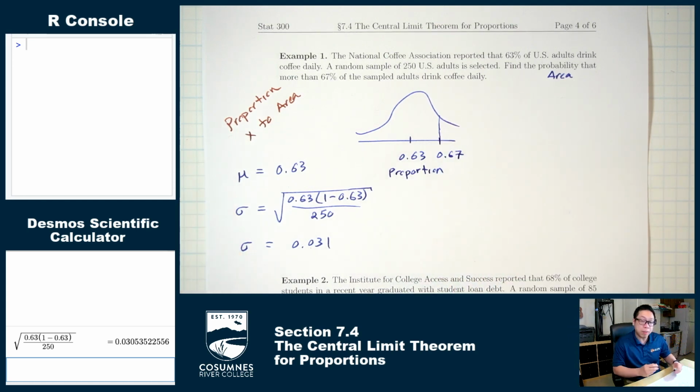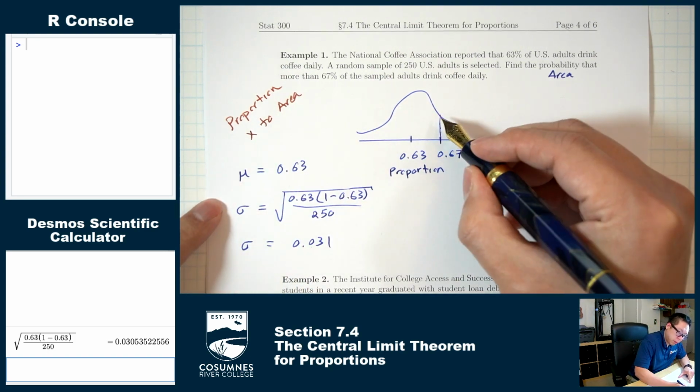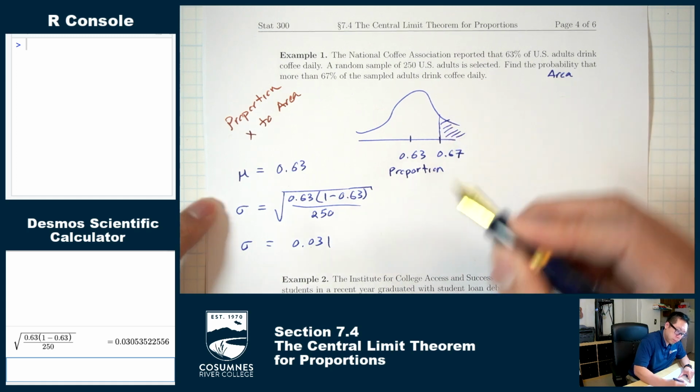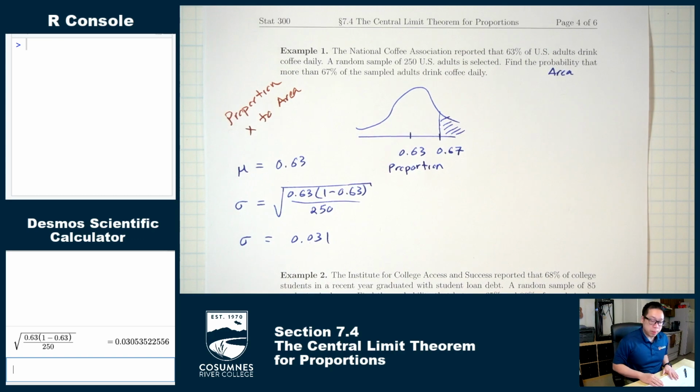And is this shaded left, shaded right, or shaded between? More than 67, so that's shaded to the right. Okay, so we have our setup. Shade to right, x to area.